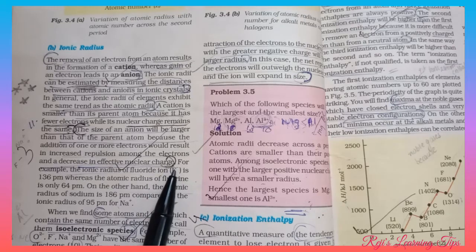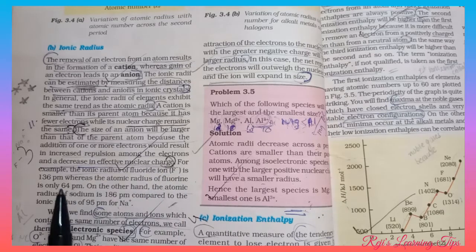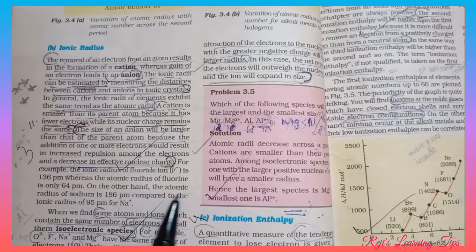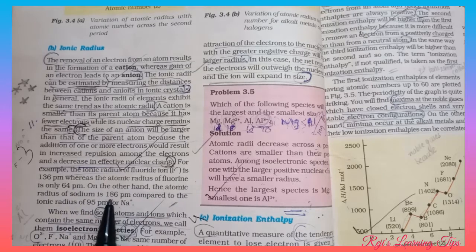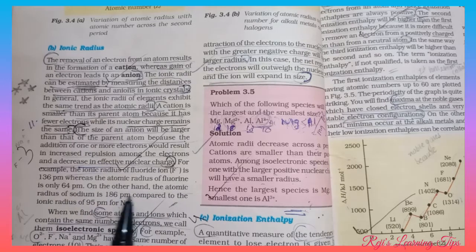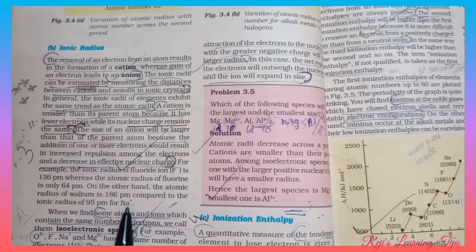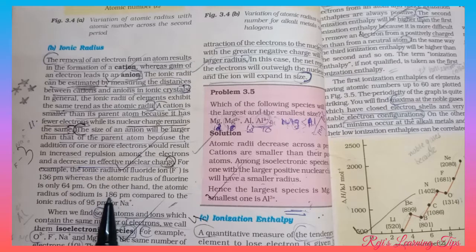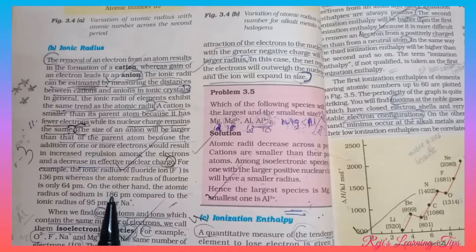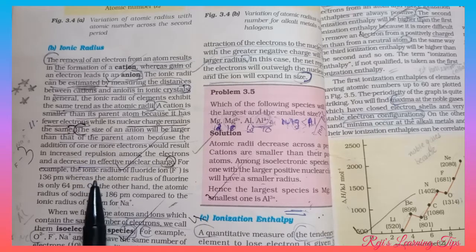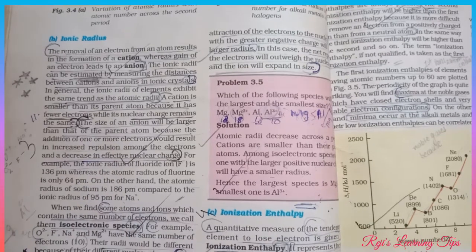The size of the anion is greater than that of the parent atom. On the other hand, the atomic radius of sodium is 186 picometer compared to the ionic radius of Na plus, which is 95 picometer. Here this is the parent, sodium, and this is the cation. The size of the cation is less than the parent atom. Okay, study very clearly because it is very important.